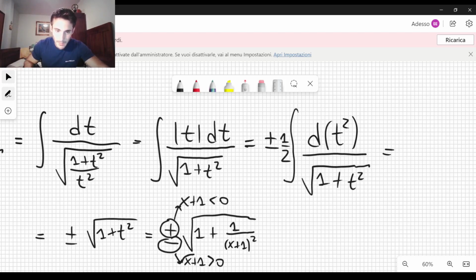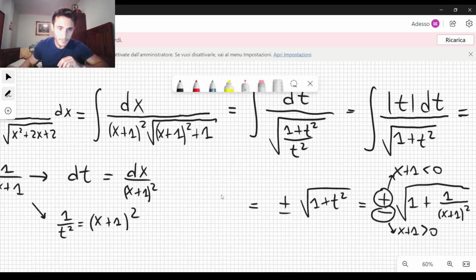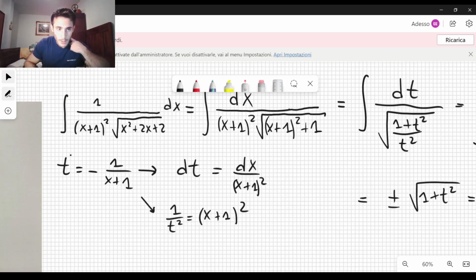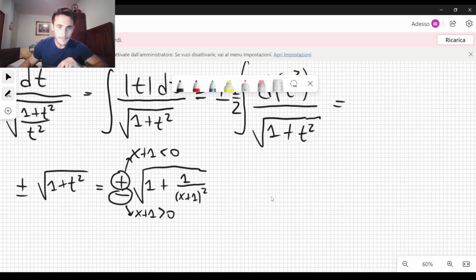If t is negative, x plus 1 is positive. You can simply see that from the substitution that we have made. From the sign of t, you can also see the sign of x plus 1 from this equation. There is nothing strange about that.